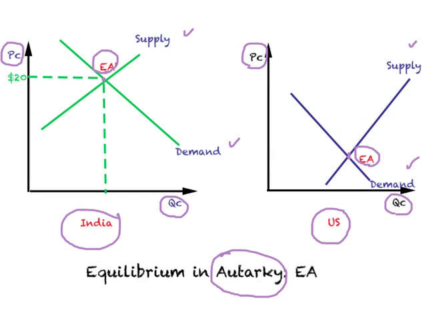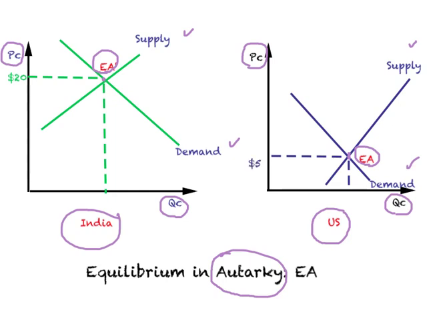And for the US, we have this equilibrium point EA. We can drop this to the horizontal axis and we know what will be the quantity of clothing traded in the US in absence of foreign trade. And we can bring this point to the vertical axis and we know how much the price of clothing in the US will be.